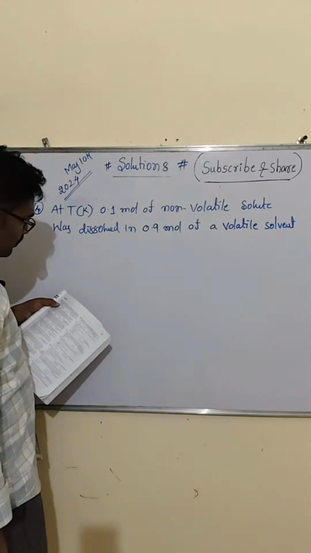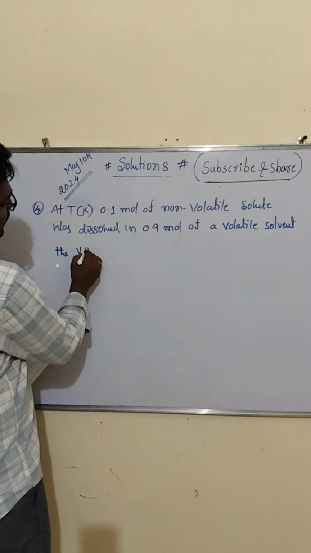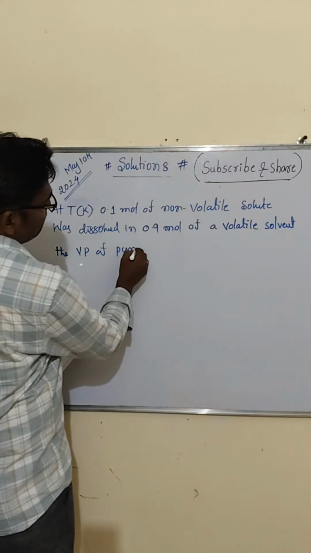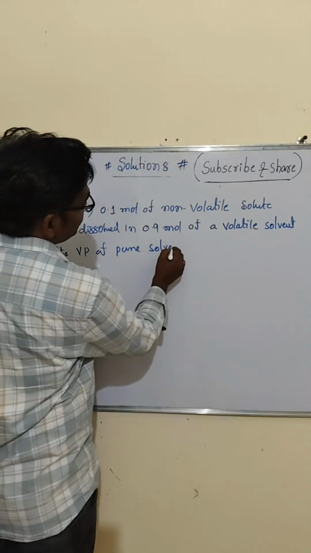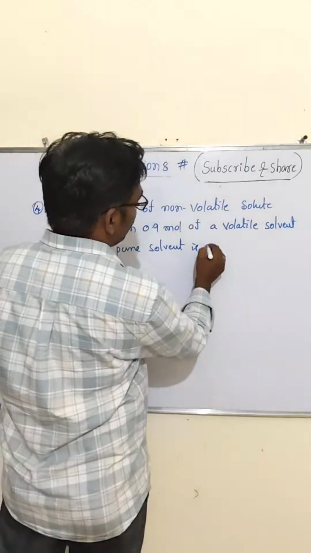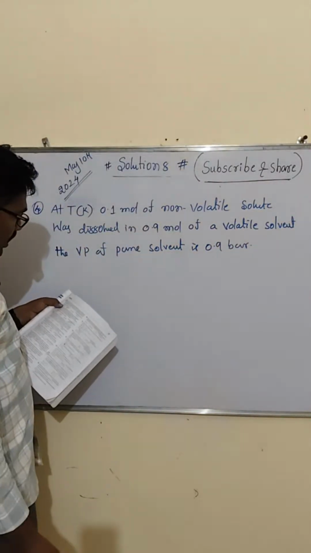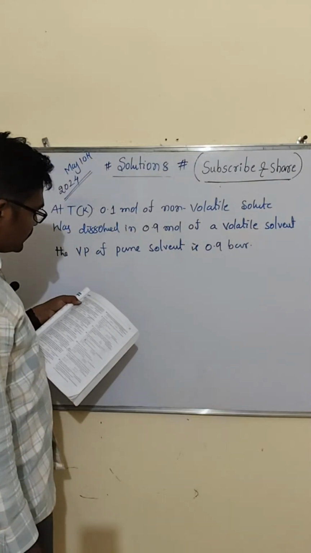The vapor pressure of the pure solvent is 0.9 bar. What is the vapor pressure of the solution?